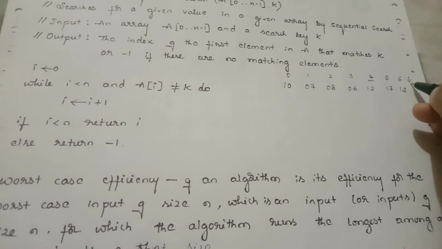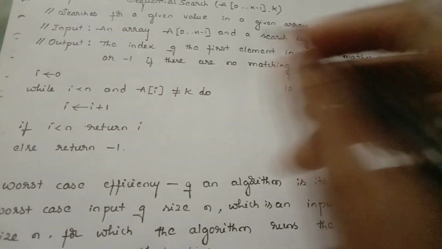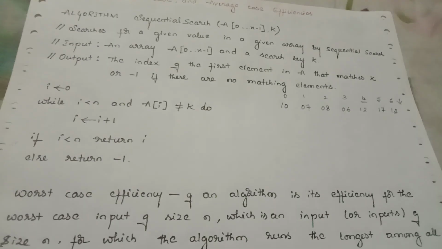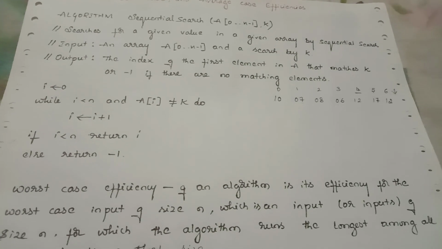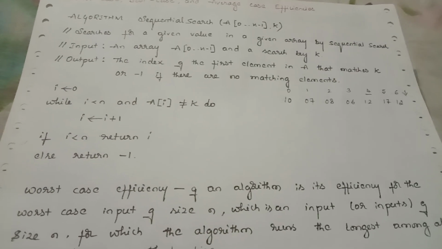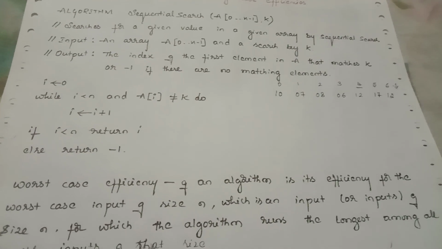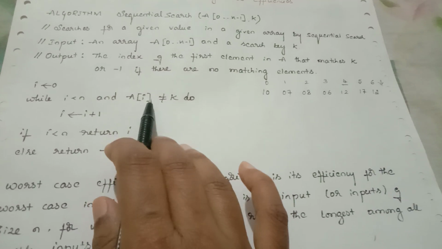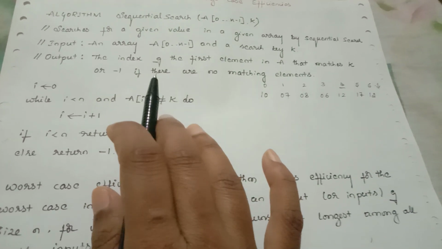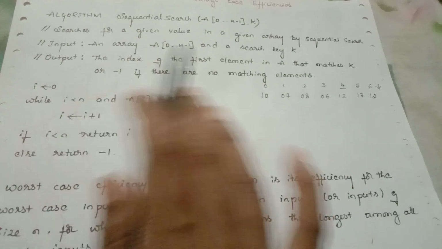With the 7th element, i will be incremented to 7. 7 is not less than 7. 7 is equal to 7. There the condition fails. Another place where this while condition fails is when A of i is equal to k, that is, the elements match. Either you have to match the element, otherwise you have to go beyond your array.